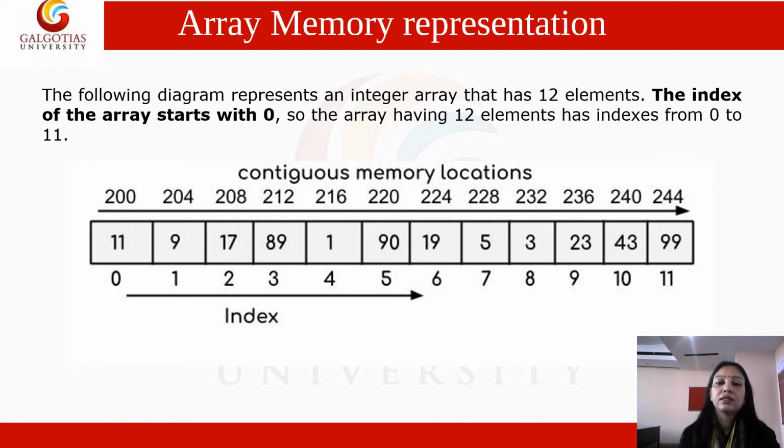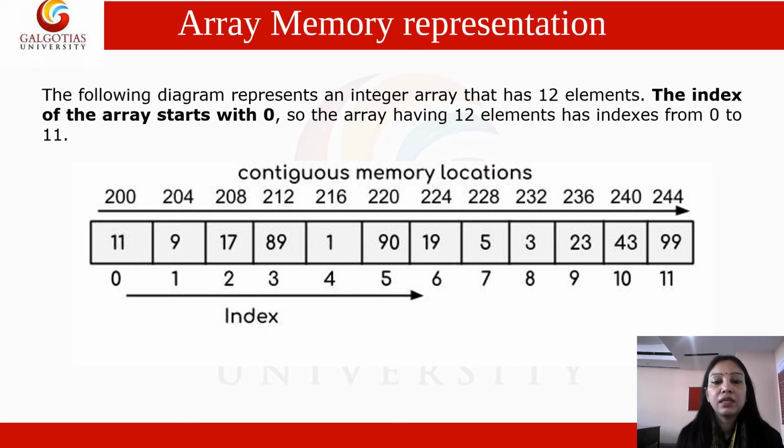So here in this memory representation, the size of the array is 12. It means your array is capable of storing 12 elements of integer type, right? The index of the array starts with 0. So the array having 12 elements has indices from 0 to n minus 1, that means 0 to 11.